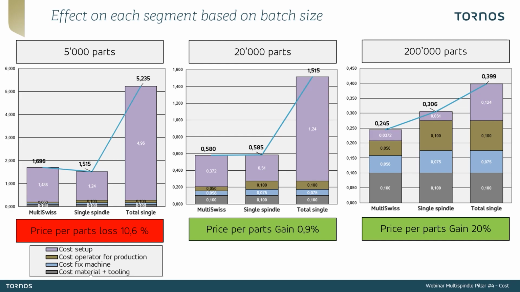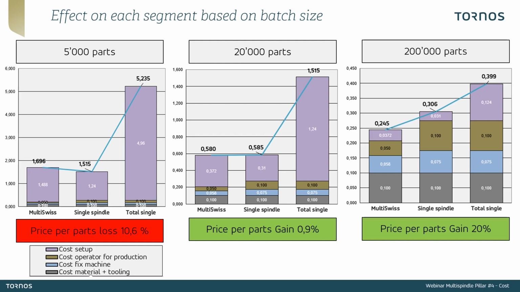So here you can see that if you go with a small batch, like 5,000 parts, on the left side, the purple color that represents the cost of setup is so high that it is really the driver.